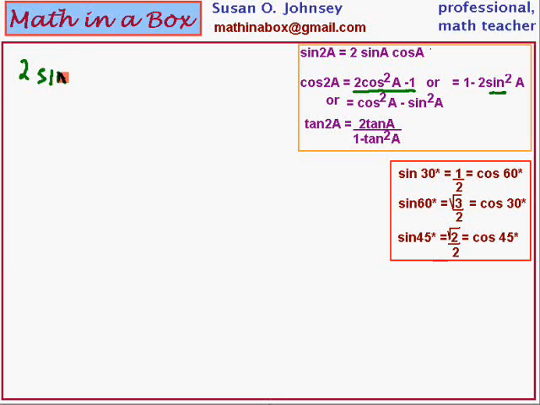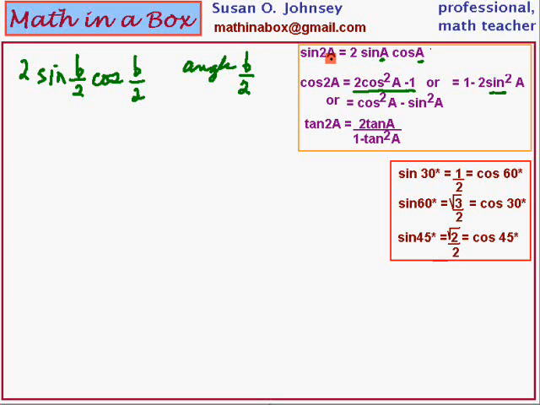Let's take 2 times the sine of b over 2 times the cosine of b over 2. Now notice here that the angle is b over 2, or half of a b. That is the double angle formula, even though I don't have a plain a, I have a b over 2. Both of my a's here have essentially been replaced with b divided by 2.